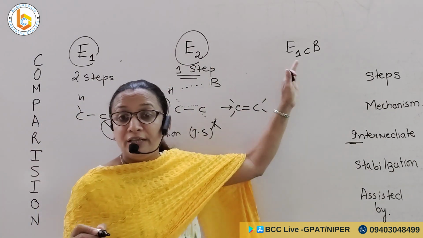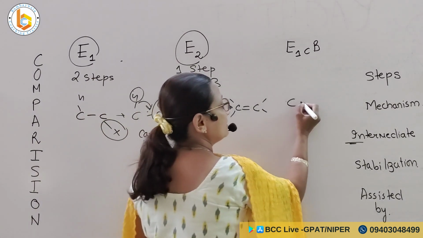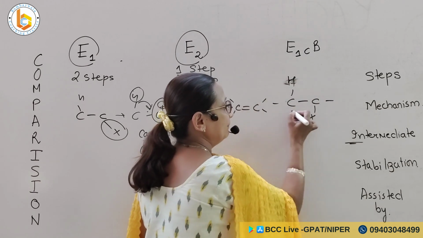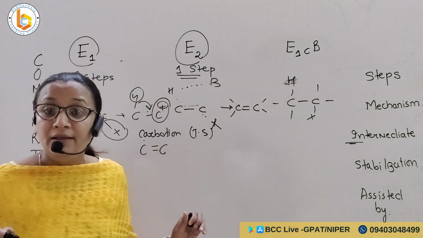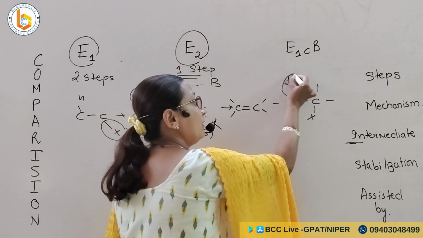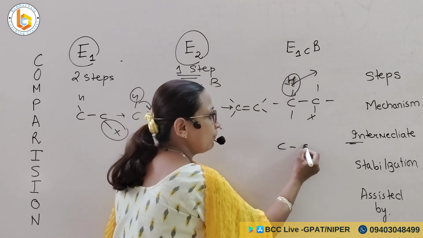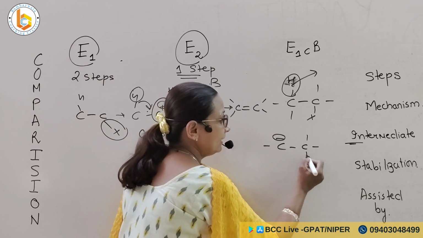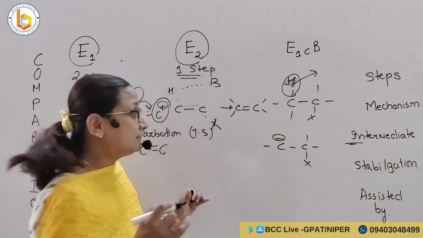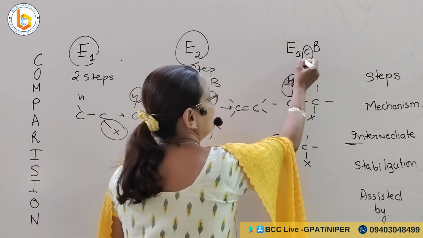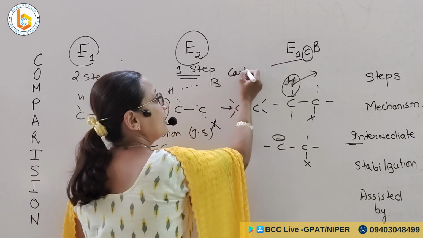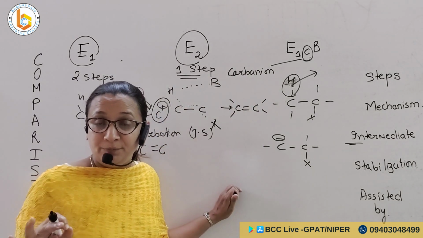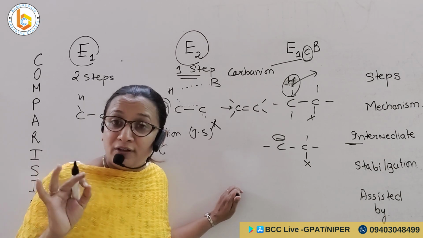Here when I am talking about E1CB, this is my alkyl halide, for example. In the first step, the proton is lost, and what I get is a carbanion. In E1CB, this CB stands for carbanion. It is a carbanion mechanism, and it is first order.